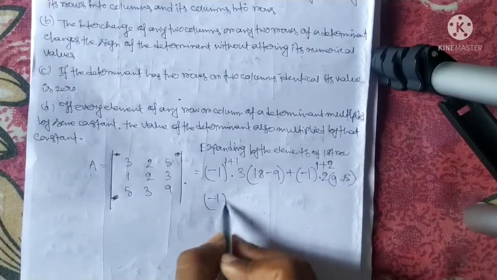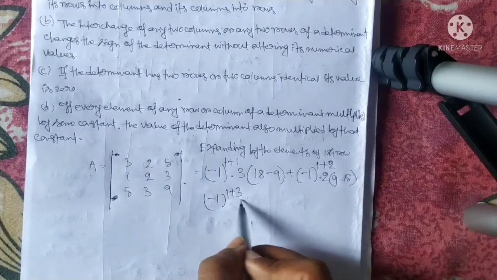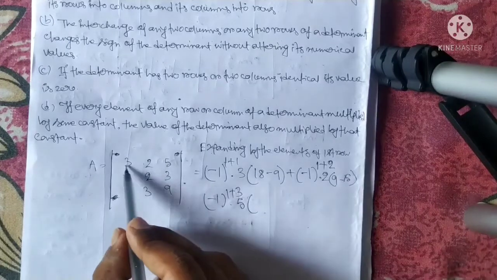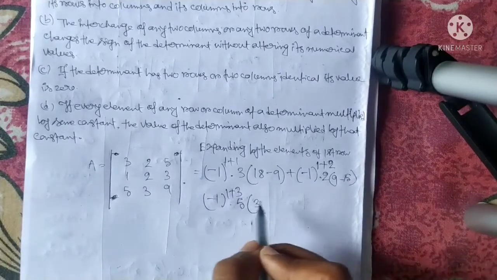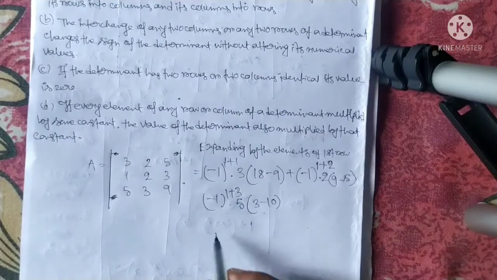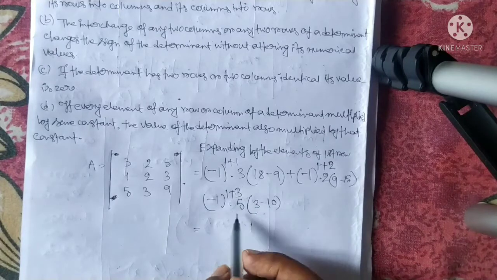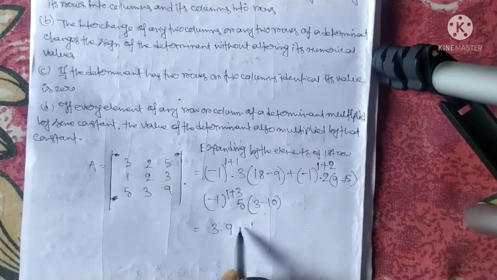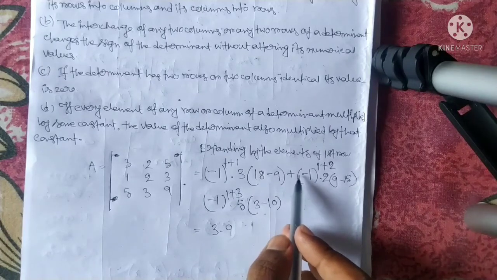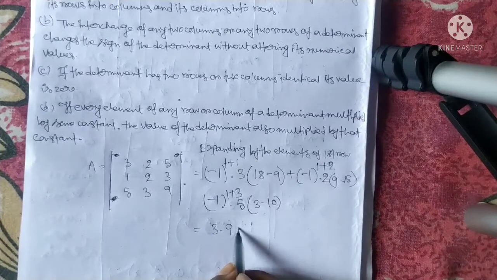again -1 to the power 1 plus 3. This is the first row, third column, 5, eliminating this row: 1 2 5 3, so 3 ones are 3, and 5 2s are 10. So -1 squared, we know that, is +1. So this will be 3 into 9. This will become minus. Plus into this is -1, this is plus, so eventually it will become -1.